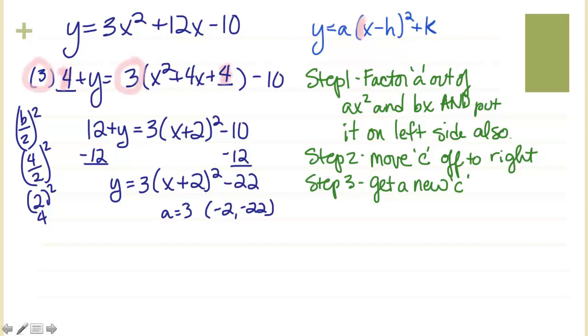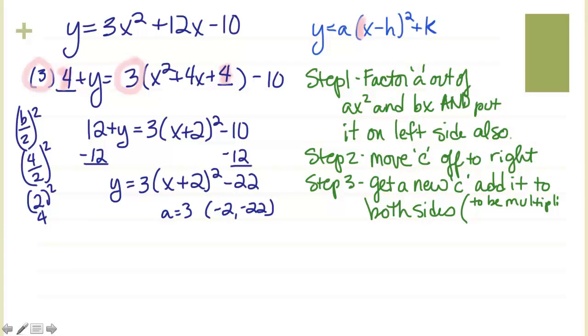And add it to both sides. I would put a note there about to be multiplied by a on the left, right? Meaning we had that, put that 4 on both sides. It was in a position to be multiplied by the 3 we had already put there.